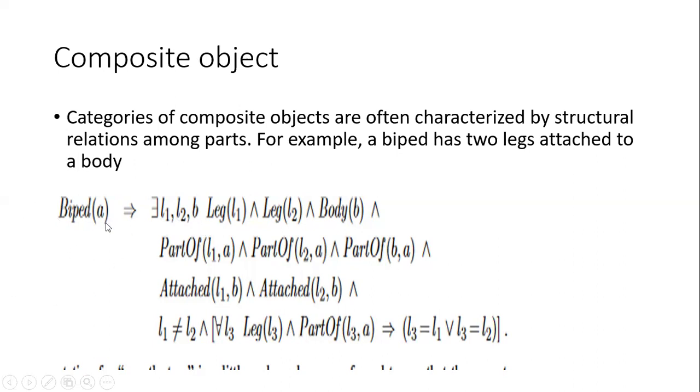So for an object A to be a biped, it should have leg 1 and leg 2 and a body B. Leg 1 and leg 2 should each be a part of the object A, and the body B should belong to A. Leg 1 should be attached to the body B, and leg 2 should be attached to the body B. L1 is not equal to L2, because the left and right leg cannot be the same; they differ in perspective, toes and position. And we should not have a leg 3, only leg 2.